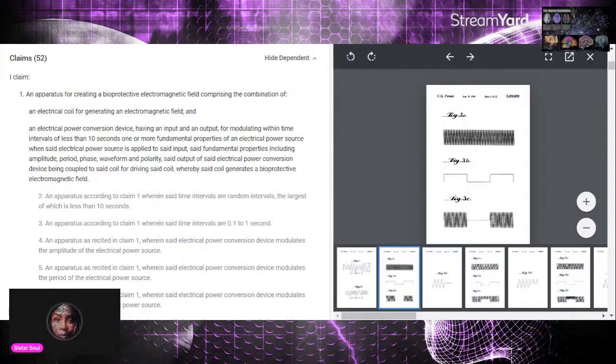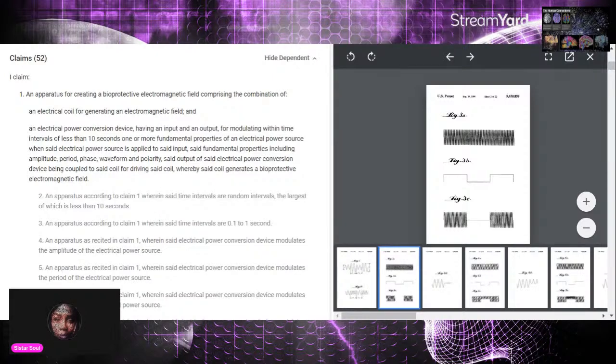An electrical power conversion device having an input and an output for modulating within time intervals of less than 10 seconds one or more fundamental properties of an electrical power source. When said electrical power source is applied to said input, said fundamental properties, including the amplitude, the period, the phase, the waveform. I've told you guys about this so many times.